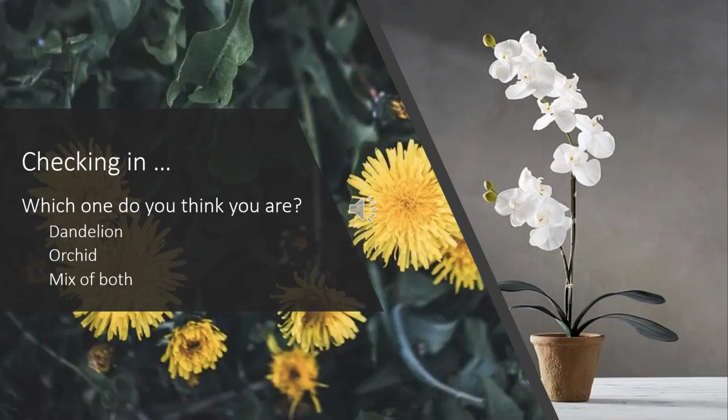So you've probably already been wondering, which one are you, a dandelion or an orchid, or maybe something in the middle? One way you can figure this out is how much your well-being changes over time depending upon what's happening in your life. I think of myself as more of an orchid because when I was a kid, my well-being, how I was doing, really went up and down with how my parents were doing.